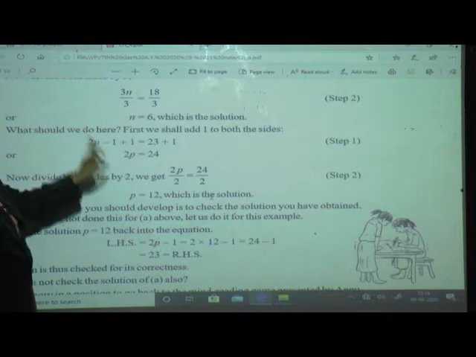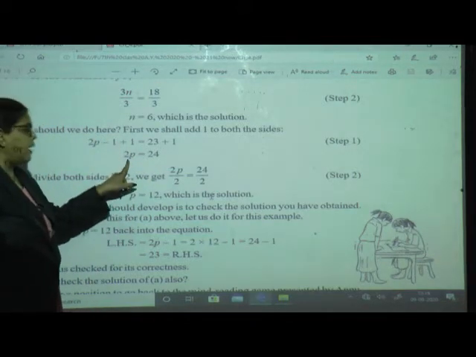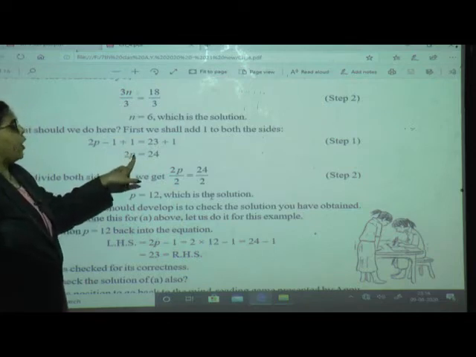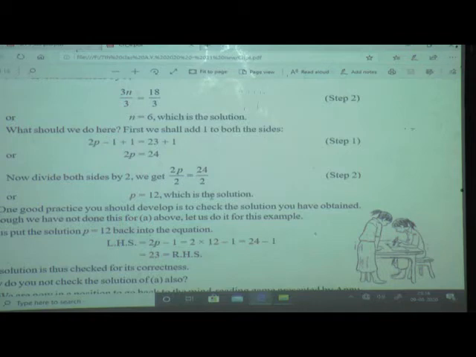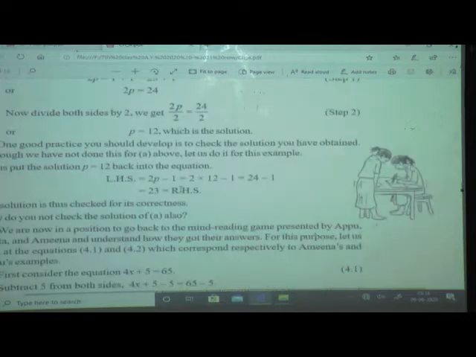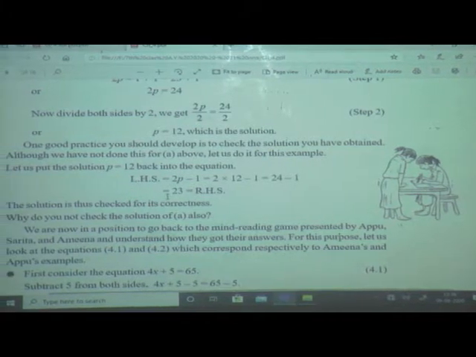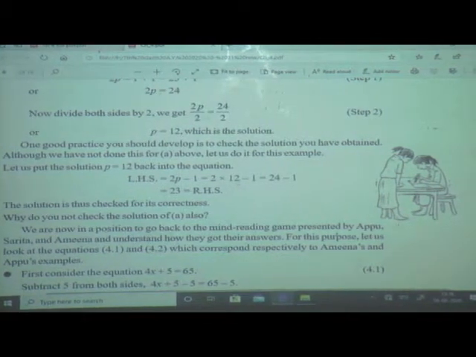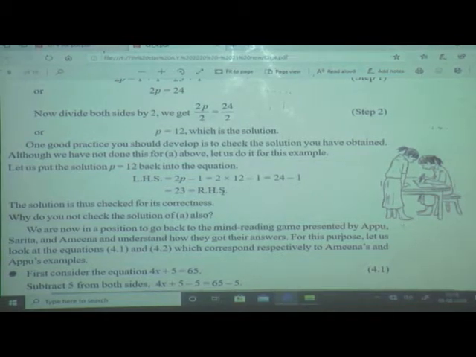When it is given a multiplication, divide by the same number. So you will have a separate variable, and you can find the value of a variable very easily. So this was the example, and we can say that LHS is equal to RHS. In this way we can balance that. Here you can see that both the sides are 23, so it is known as a balanced equation.